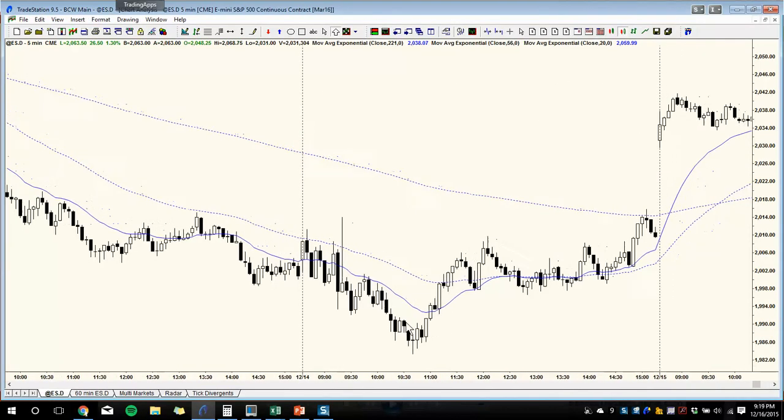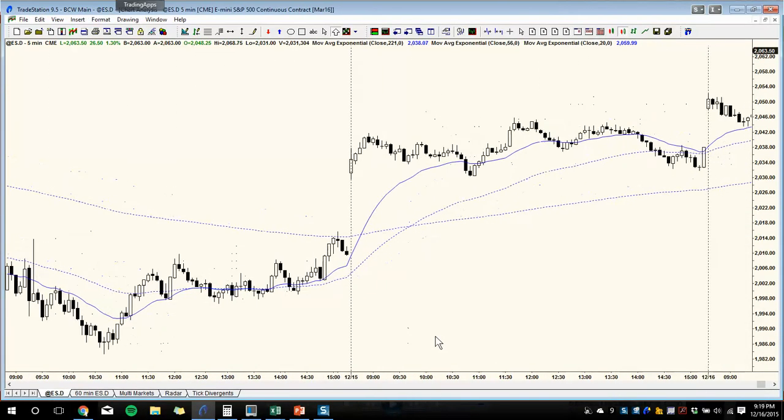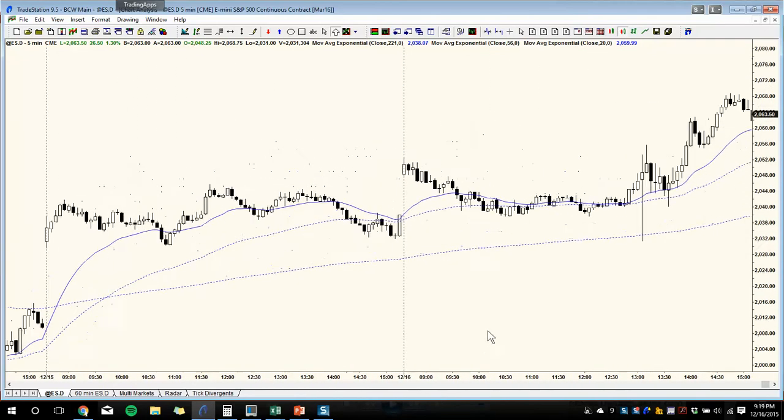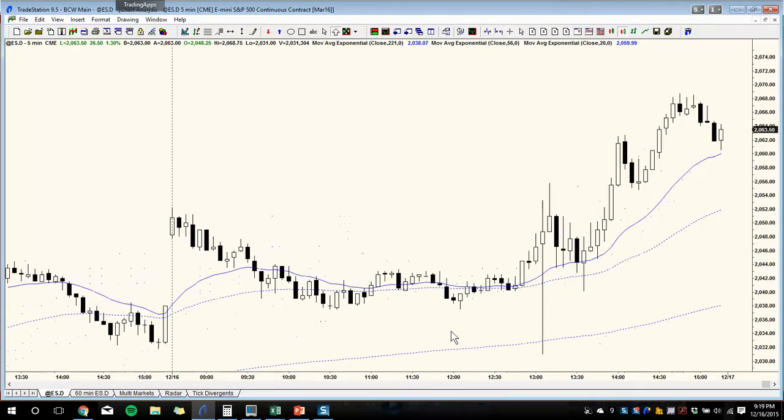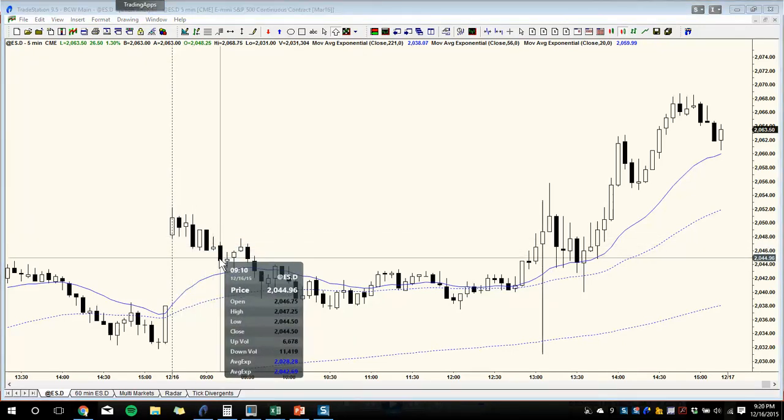So in terms of the Fed day, how would you swing it? Well, it's kind of a tough answer, but I would say here limit order market.